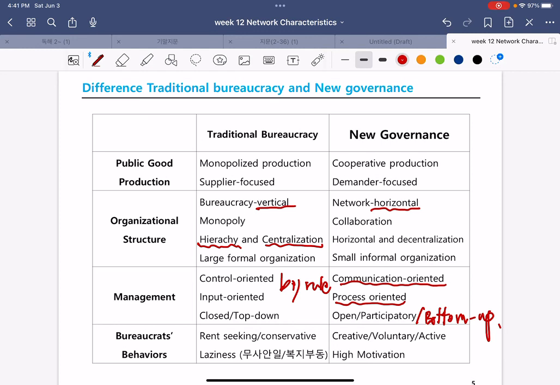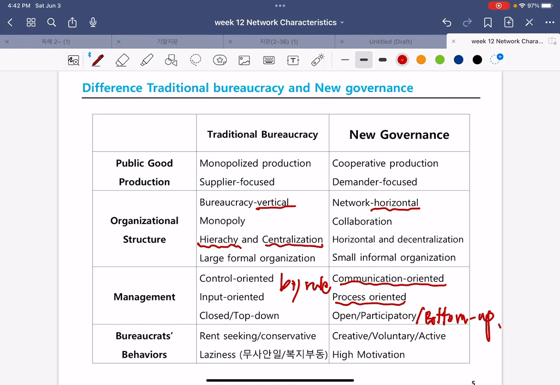So also in terms of bureaucratic behaviors, the traditional bureaucracy emphasizes control, and public employees are seeking rent, pursuing rent, and maximizing their self-interest. However, new governance is voluntary.